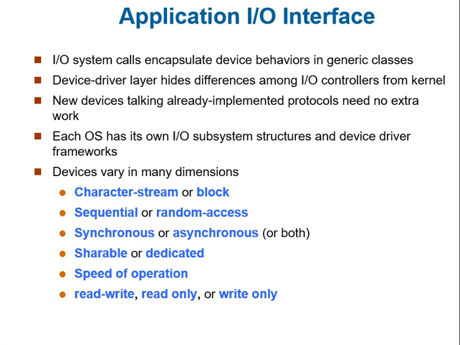The I/O system call encapsulates the behavior of devices in a few generic classes that hide the hardware differences from the application. This practice makes the I/O subsystem independent of the hardware.